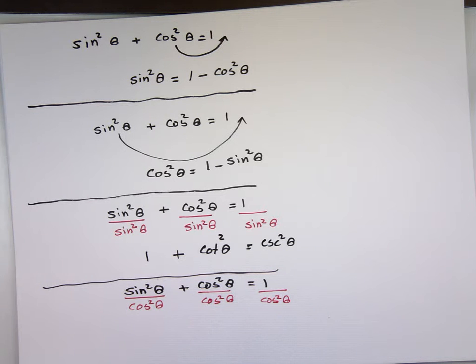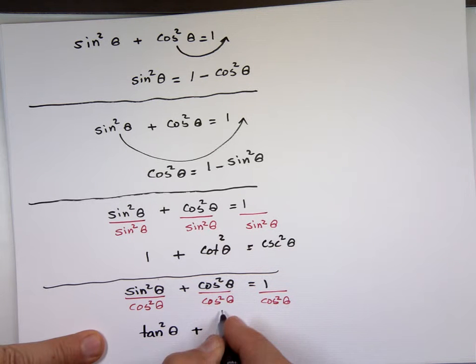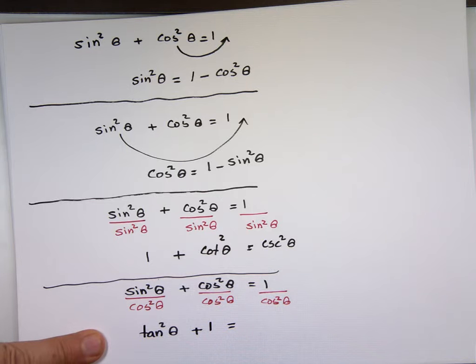Sine over cosine is what? Tangent. This will be a tangent squared. Cosine over cosine, 1. 1 over cosine is what? Secant squared theta. And I have that on the board too. Number 9.